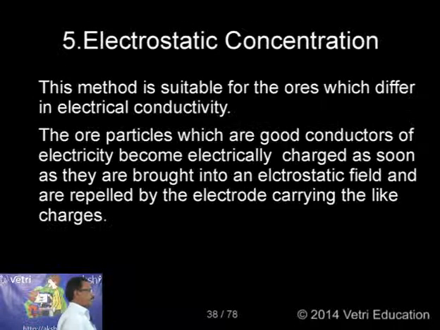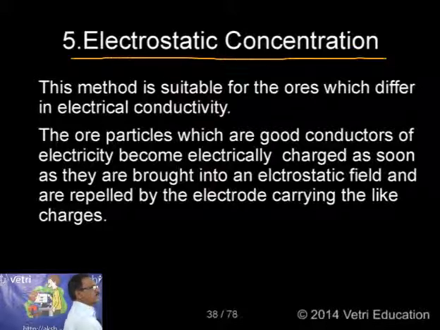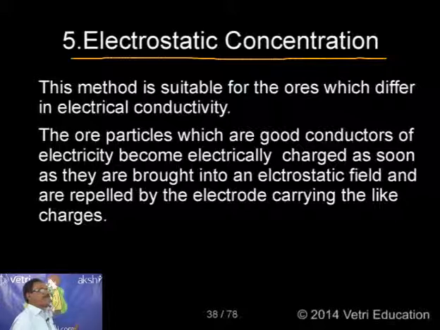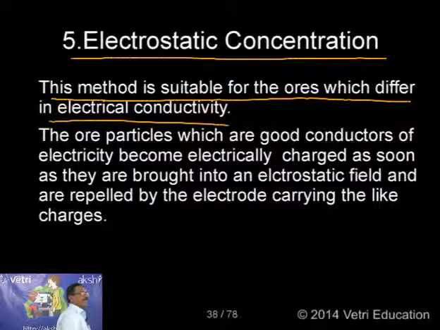Okay, the next one. Another method I can give here is electrostatic concentration. Electrostatic concentration is another method based on the electric field, instead of the magnetic field. This method is suitable for ores which differ in electrical conductivity.